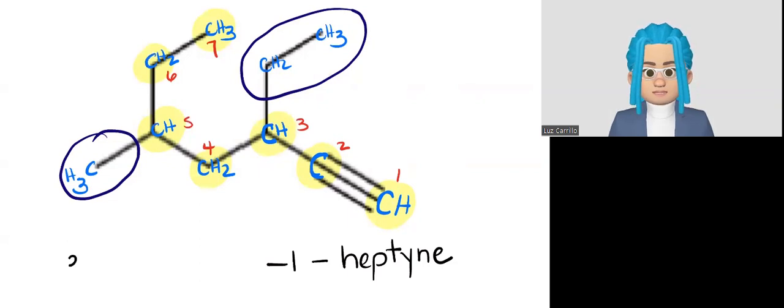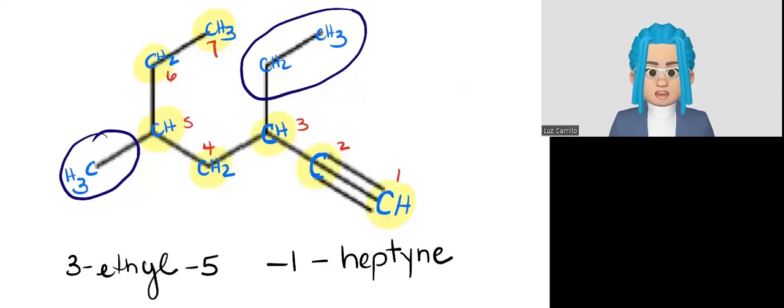So on carbon 3, I have methyl. On carbon 5, I have a methyl. And then the parent chain is 1-heptyne.